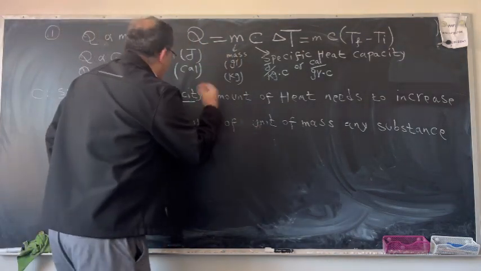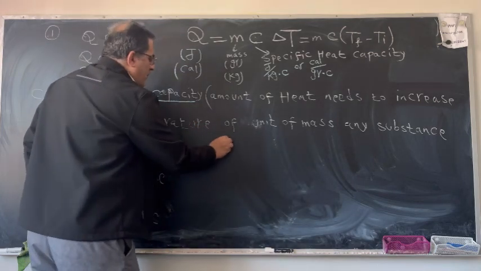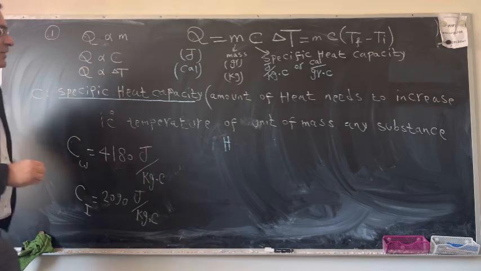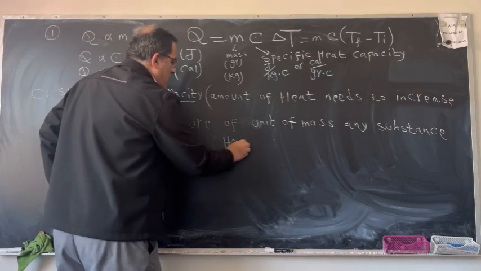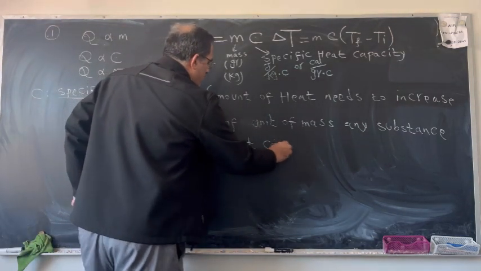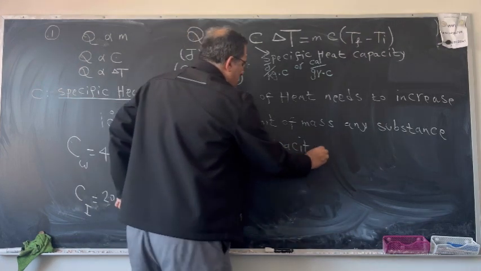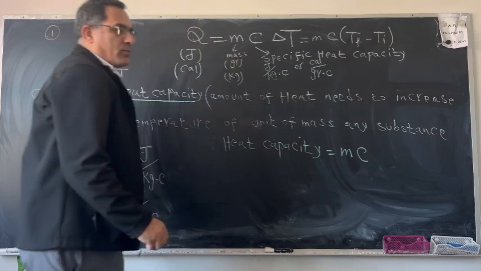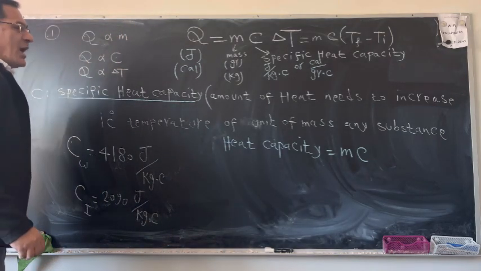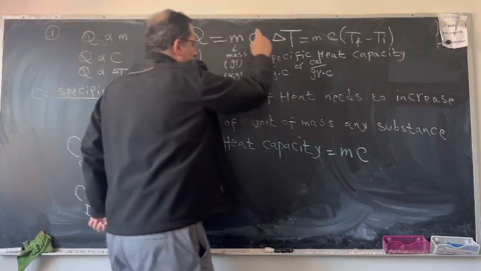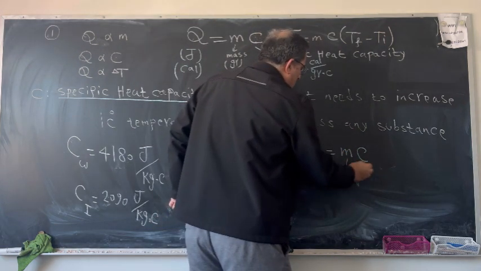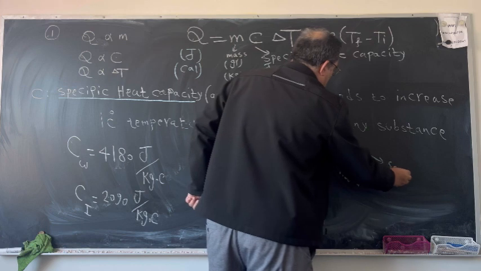But we have another definition, heat capacity, which doesn't have the word specific. Heat capacity is the multiplication of mass times C, where C is the specific heat capacity.